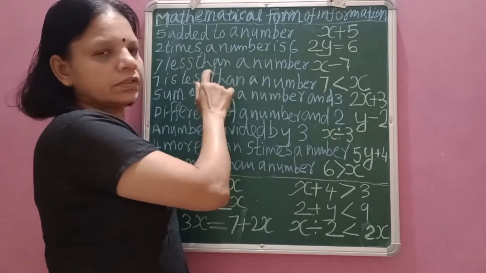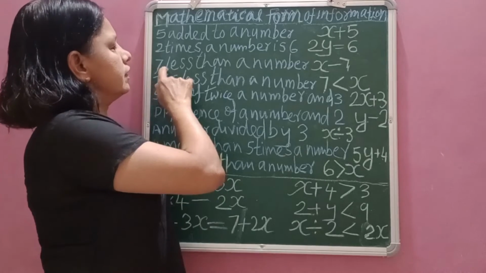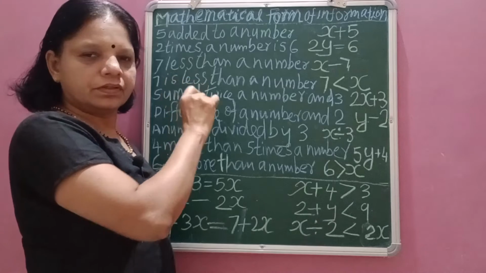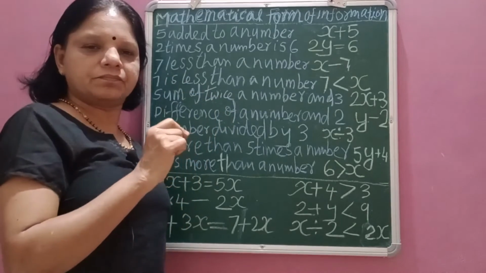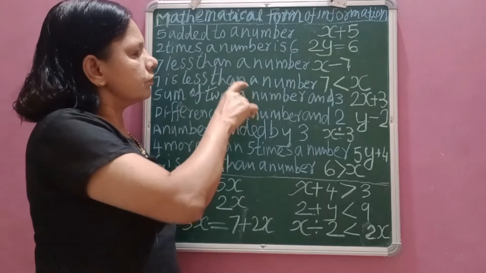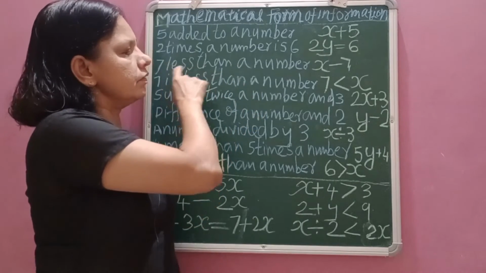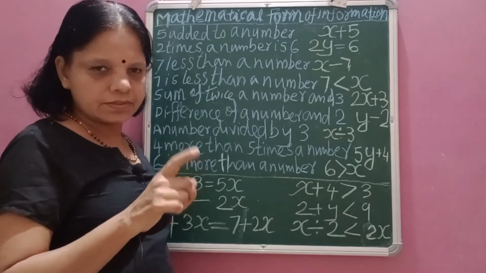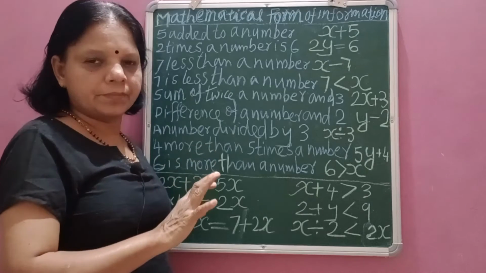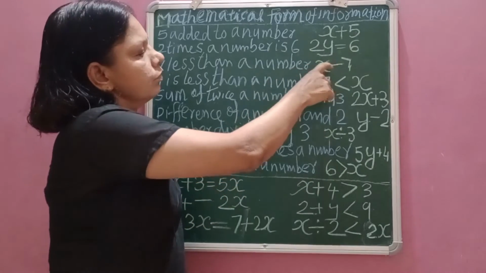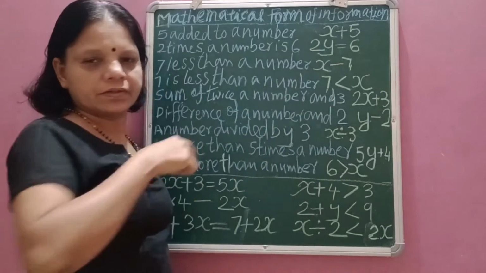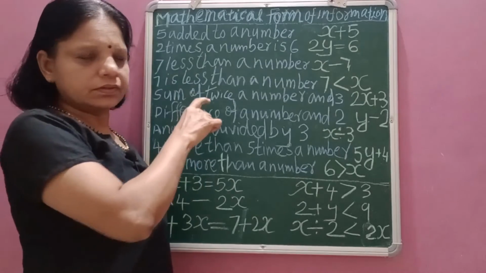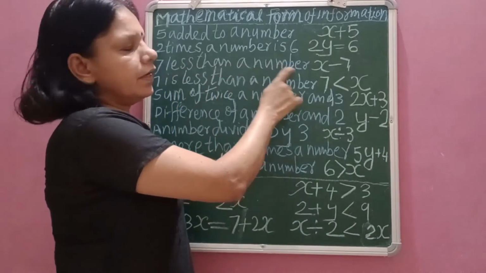The meaning of the phrase 7 less than a number is, you have to subtract 7 from the unknown number. So what is that? X minus 7. X minus 7. Clear?